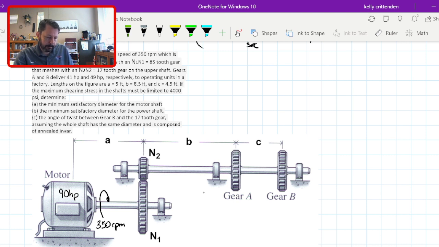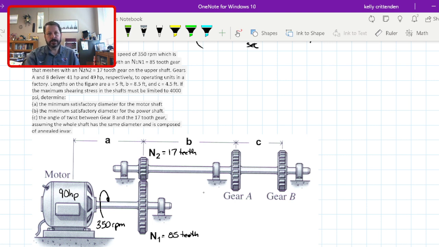And it's transmitting that 90 horsepower at a geared, N1 versus N2 geared down ratio. So N1 is 85 teeth, and N2 is 17 teeth.